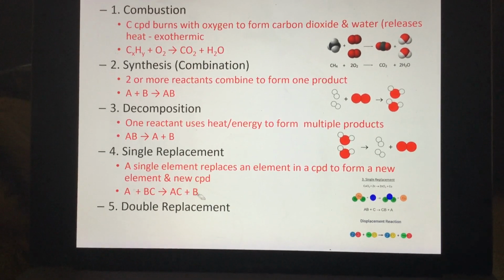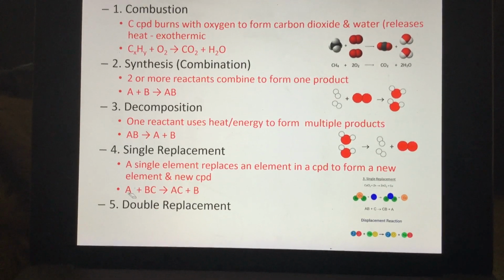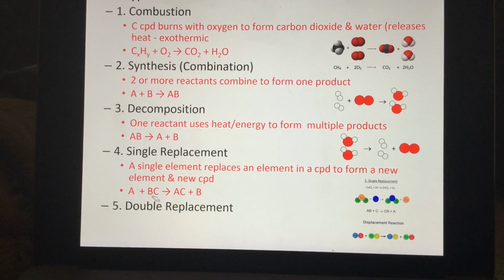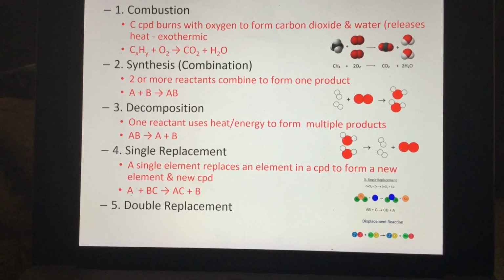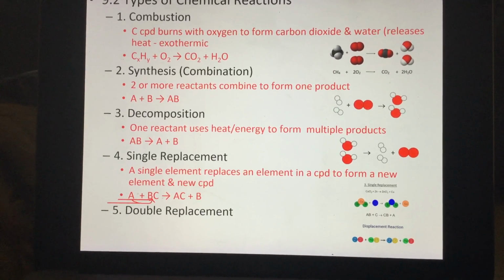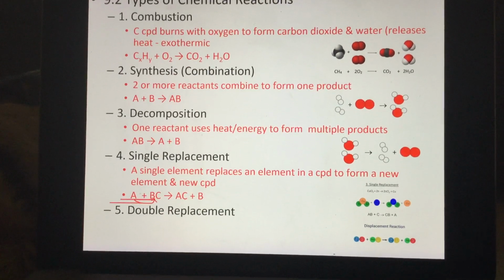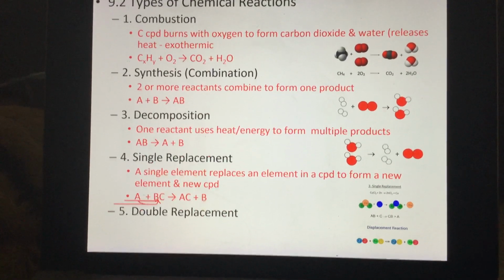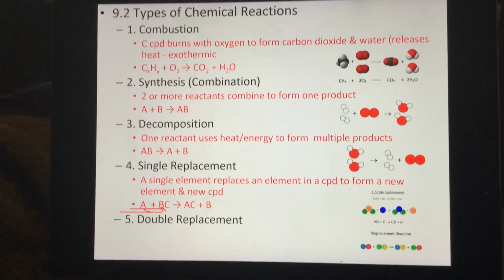So here is your basic single replacement setup. So we have element A, whatever that may be, is going to react with compound BC. And so what happens is element A comes in and replaces element B in the compound, or C, it depends. It could replace either one. So then we have new compound AC and element B all by itself, which is what this picture is showing here with copper 2 chloride.